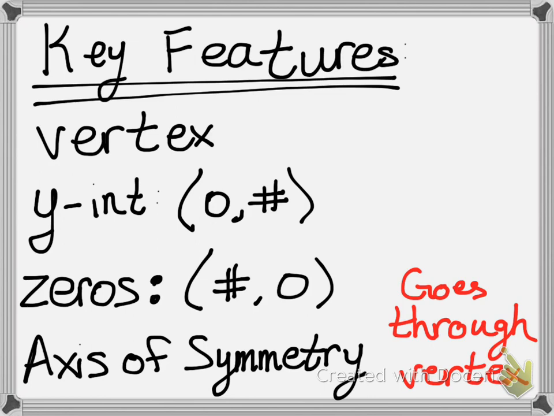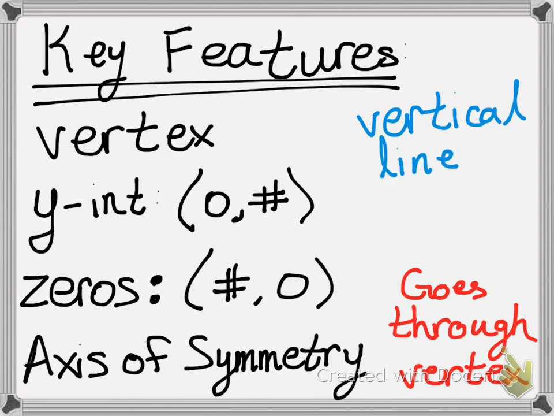And what's really important about the axis of symmetry is usually with our parabolas, the axis is a vertical line. And a vertical line, the equation will be x equals a number. And horizontal will be y equals a number. Just kind of depends.